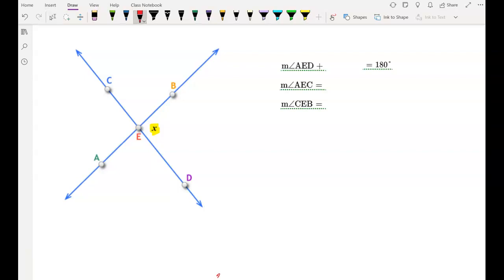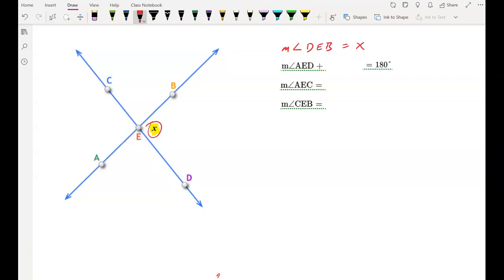Now, I want you to notice right here that first of all, the measure of angle BED or angle DEB is x. Okay? So the measure of angle DEB is x.